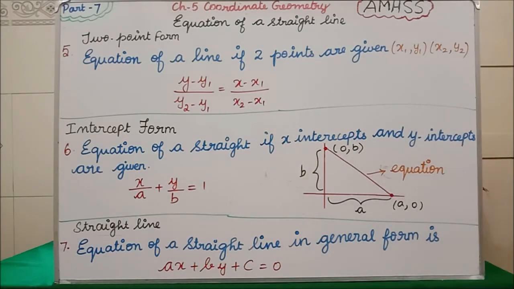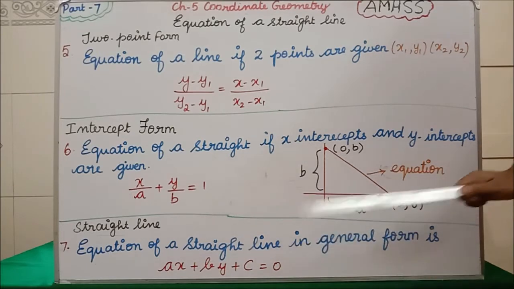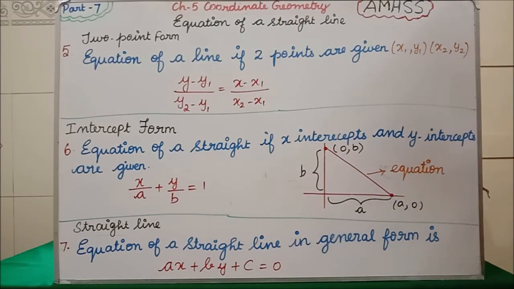Clear? Next one is the general form of a straight line. So far we have learned various forms of the straight line equation, but all the equations should be in one general form. That form is ax plus by plus c equals 0. Clear? In this format only your final answer should be.